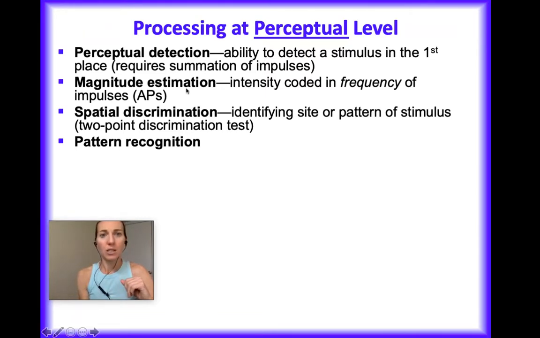Magnitude estimation, as I've indicated a number of times, is not the strength of an action potential, since an action potential is always going to be the same strength, but rather it's the frequency of those impulses that allows our brain to perceive a strong light versus a weak light, or a loud sound versus a quiet sound.